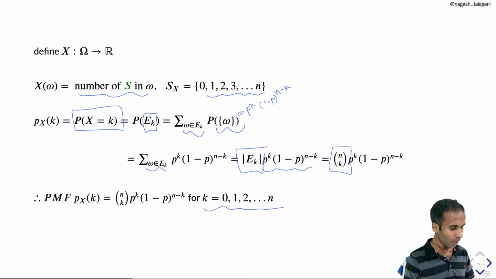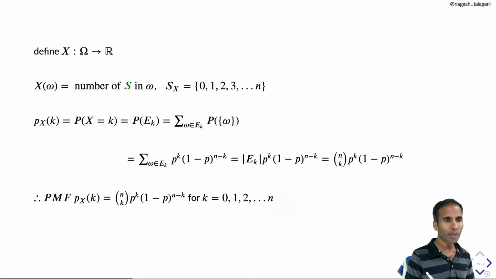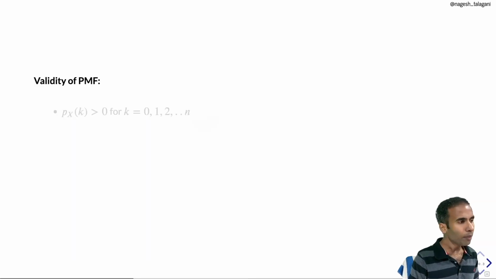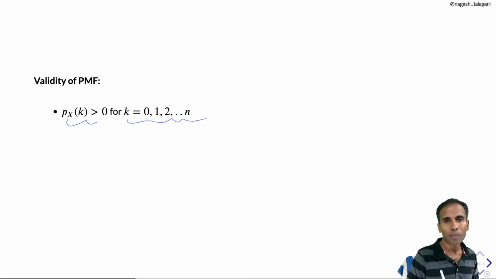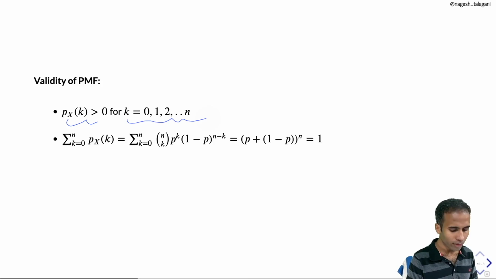Fine. Now let's check the validity of the PMF. Obviously, PMF values are positive for k equal to 0 to n. Now let's see if the sum of the PMF values over the support equals 1.